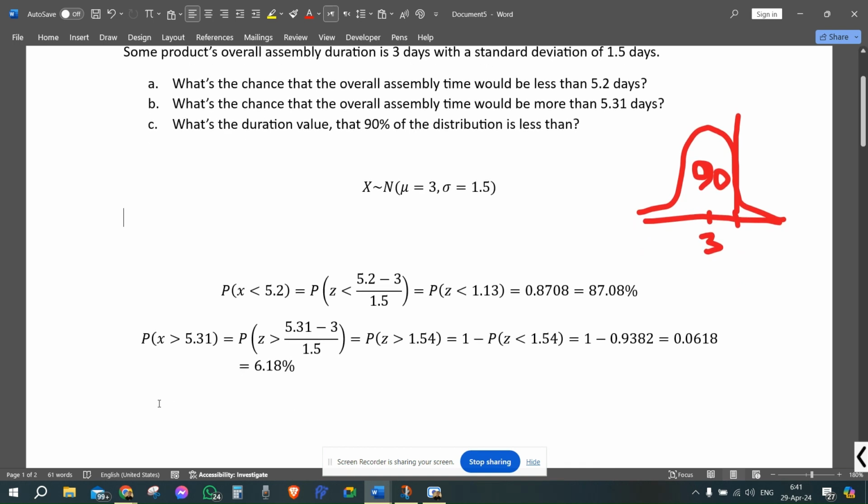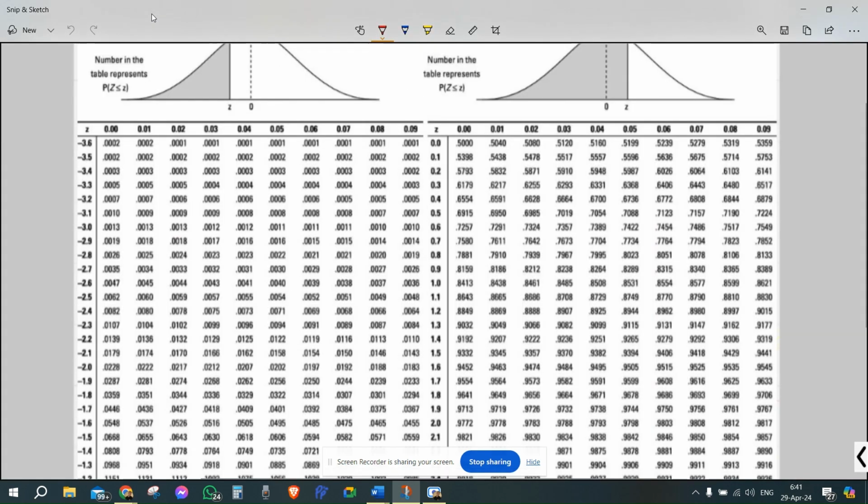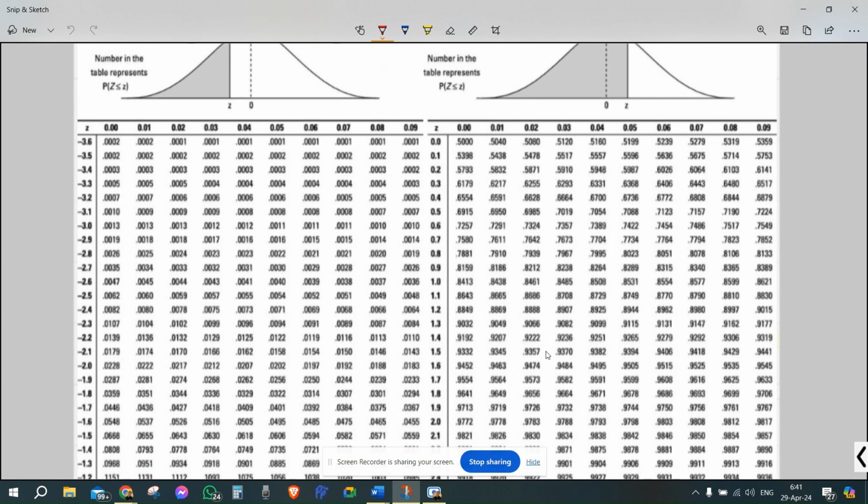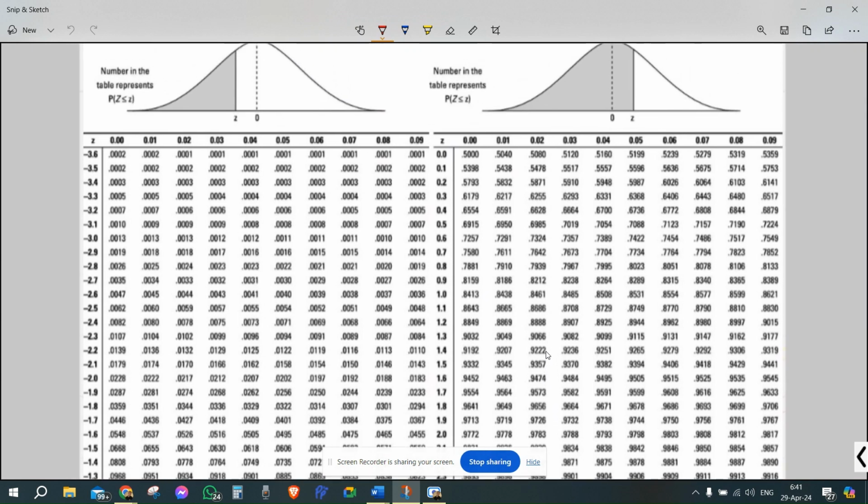So this is how we're going to approach this. Effectively, we want the z-score of 90%. And we can use the table, look from within the table, and then go outside to the z values at the top and on the left hand side. So let's look for this. Since this is the upper 90%, we're going to look in this table and not in the other one, because the other one covers values that are less than 50%.